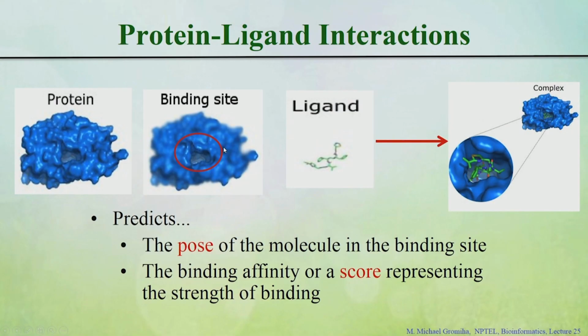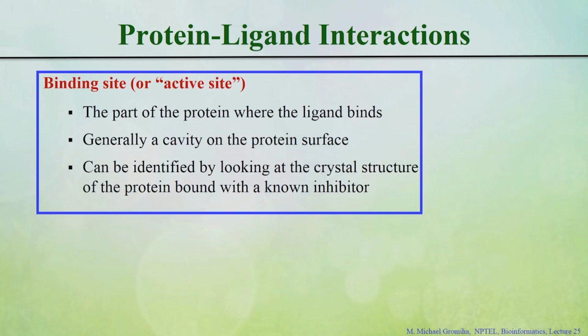So, one is the pose, the conformation of the binding site, and the second is the binding affinity, which we can relate in terms of a score that gives you the strength of the binding. So, 2 different aspects: the binding site or pose, and the scoring.